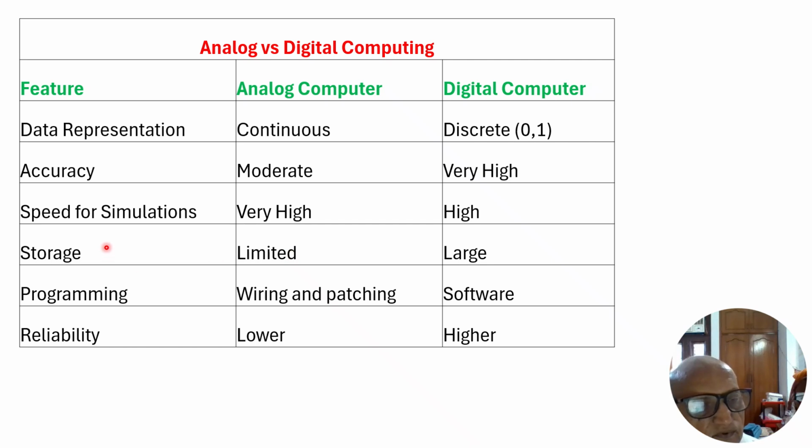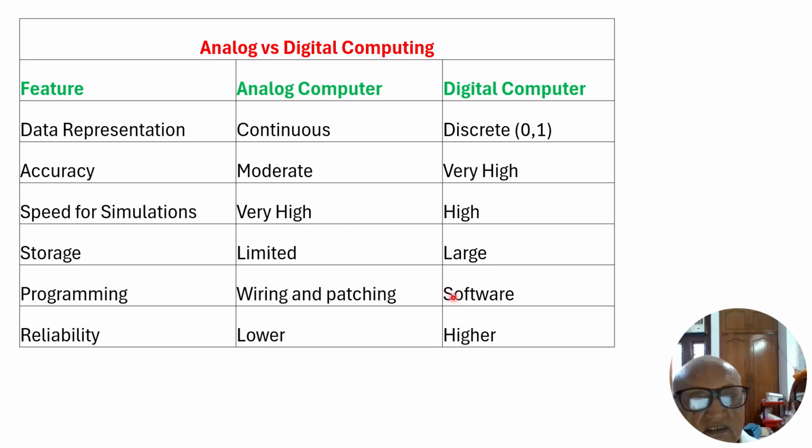The fourth feature is storage. Analog computer very limited, digital computer large memory. Programming, permanent memory we are talking about. Programming is done through wiring and patching and selecting different values of R resistance, L inductance, C capacitance, and for making it variable potentiometer is there.